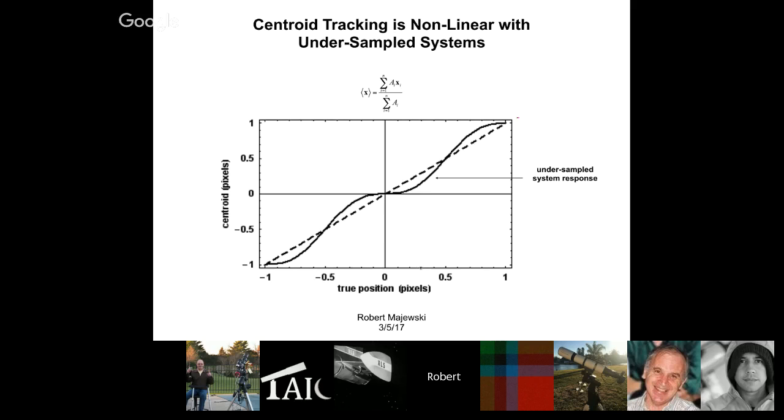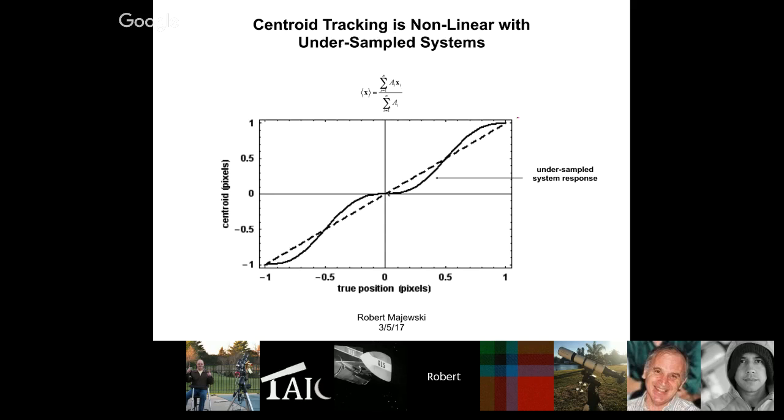A true position of 0.2 pixels will give you 0.2 on the centroid. But if you're badly undersampled, you'll get a response that looks like this kind of S-curve. And I'll show you a worst case example. The worst case example is imagine if you had basically a delta function, an optical point spread function, sitting on a detector.